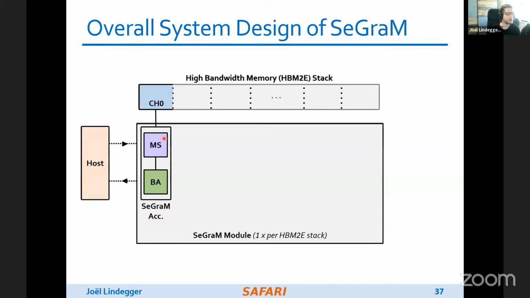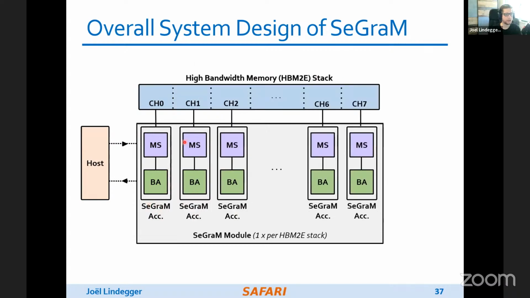Now, we can have many channels per HBM stack, so we can also have many accelerators. We just stack them basically horizontally. You can have many accelerators in one place. And then conveniently, since these HBM stacks are fairly cheap, we can also just have many copies of these.